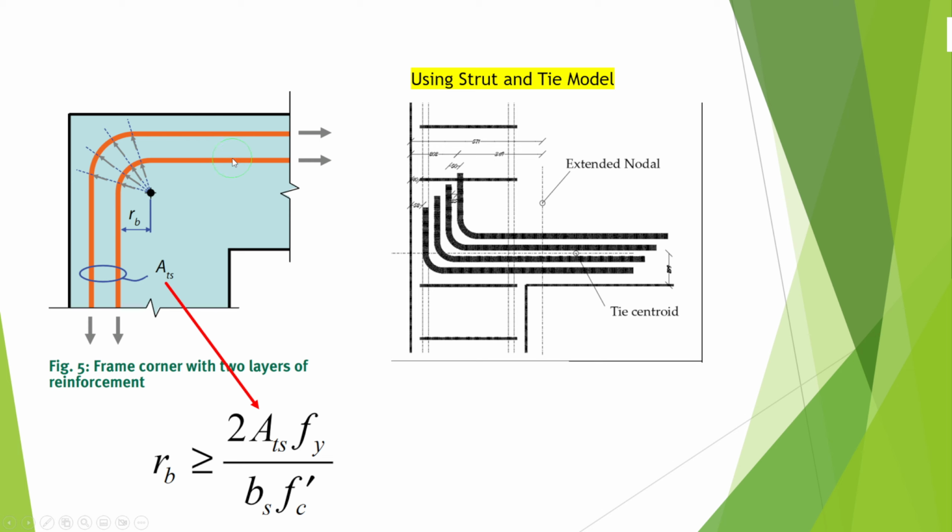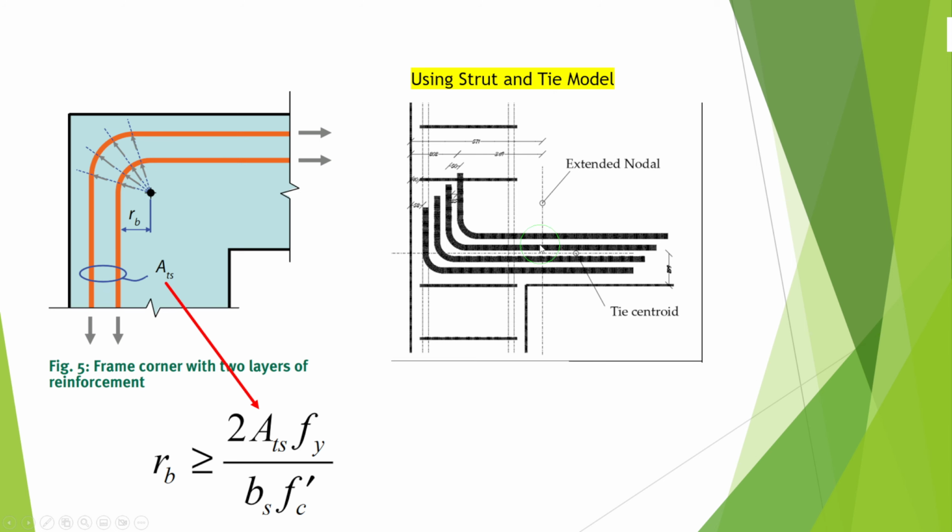For example, if we have here five bars 20 millimeter and here five bars 20 millimeter, the area of steel here will equal 10 bars 20 millimeter. But when you calculate the rb, or the minimum bend radius, it will be for the inner. You have to satisfy the inner.